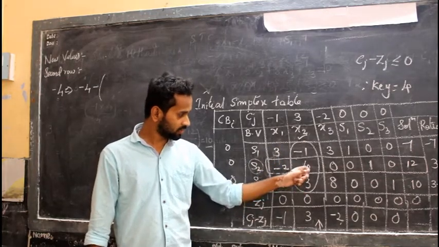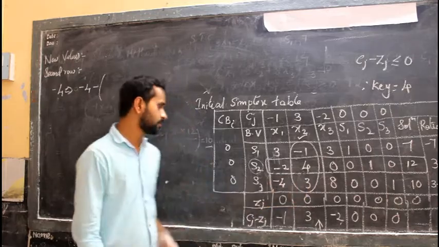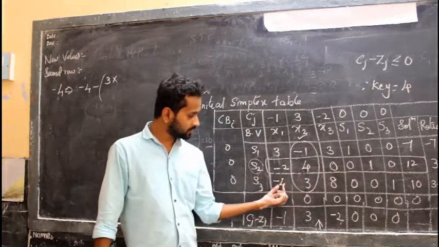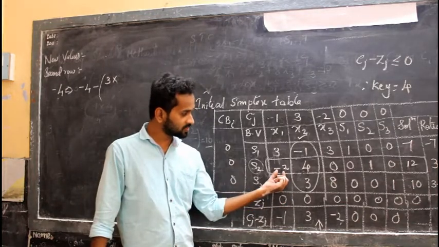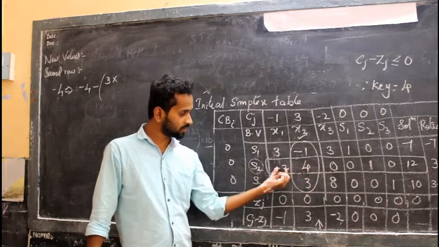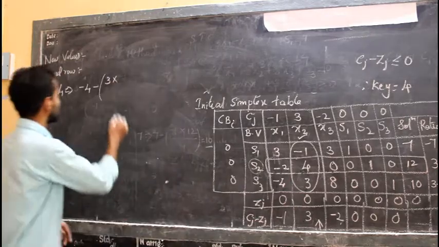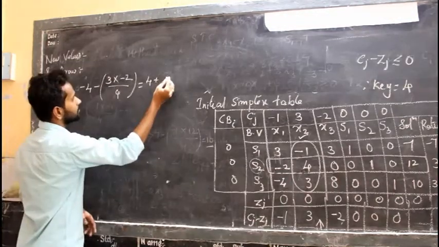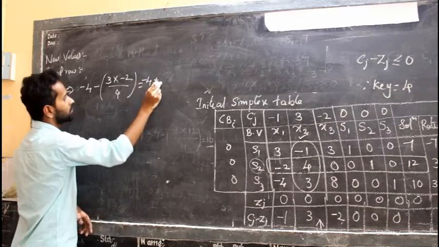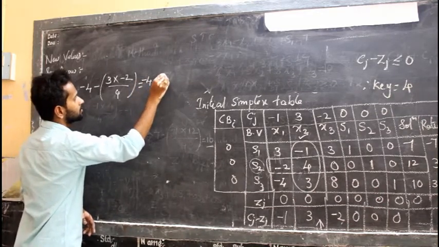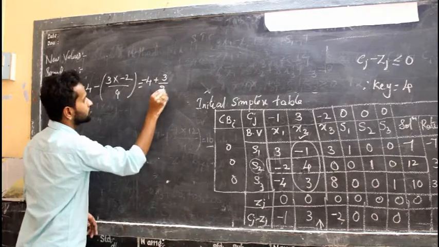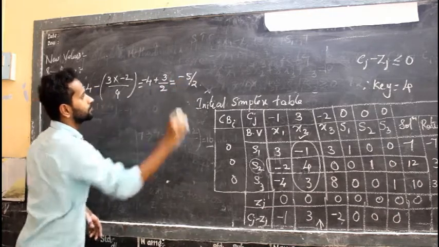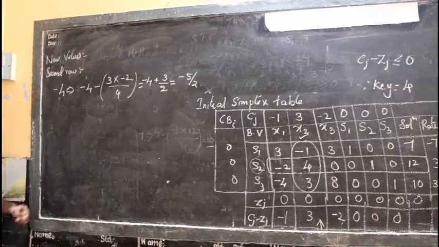Key corresponding column value for minus 4 is 3 into key corresponding row value is minus 2 divided by key value 4. So this becomes minus 4 plus 3 by 2. This becomes minus 5 by 2.